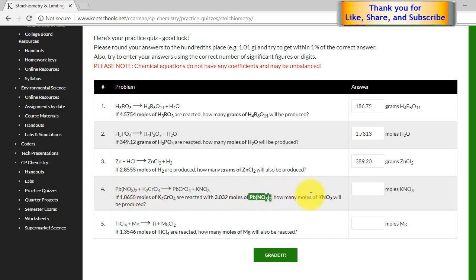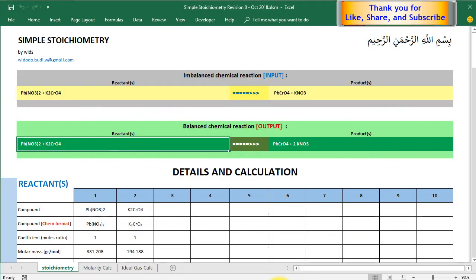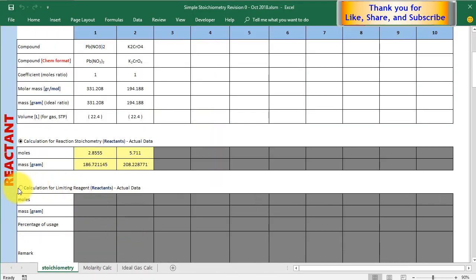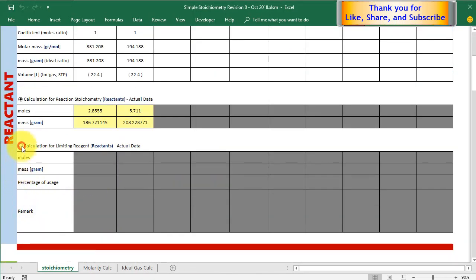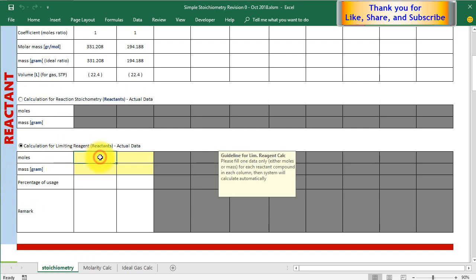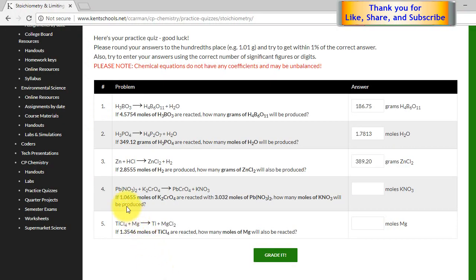Oh, I think this is the limiting reagent question. Okay, 1.0655 moles, and be careful, this is for the second reactant and this is the first. Alright, so we need to click this radio button. Okay, the known data is moles and moles.